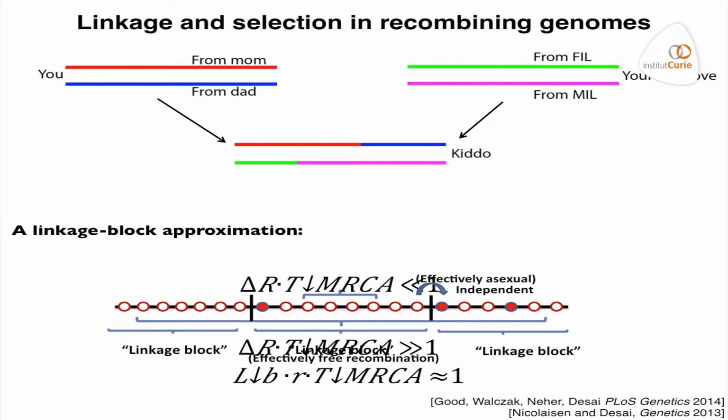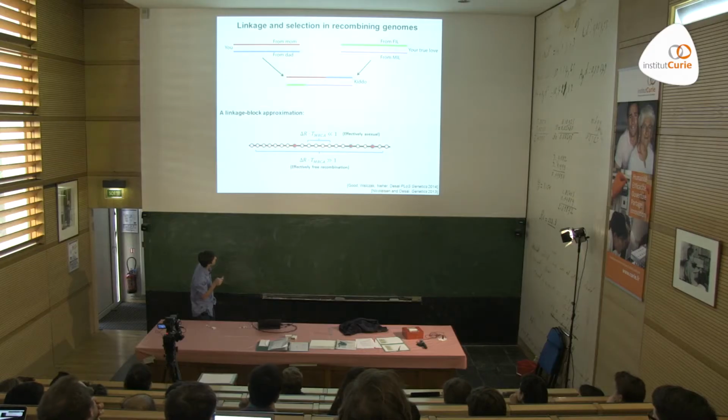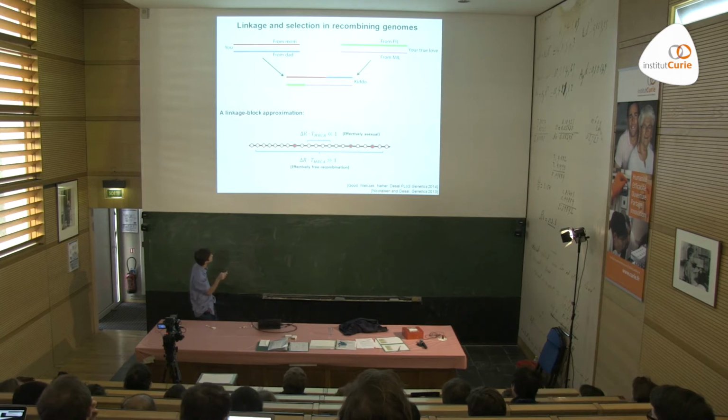On the other hand, on short distance scales, where there isn't much time for recombination to occur, there's not much probability of recombination, I should say, on the time scale since the common ancestor of some set of individuals, these are evolving effectively asexually.